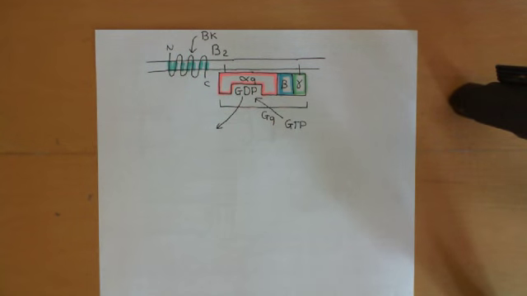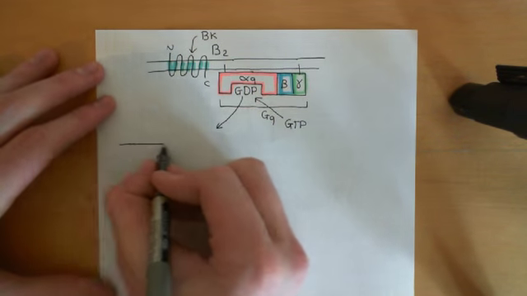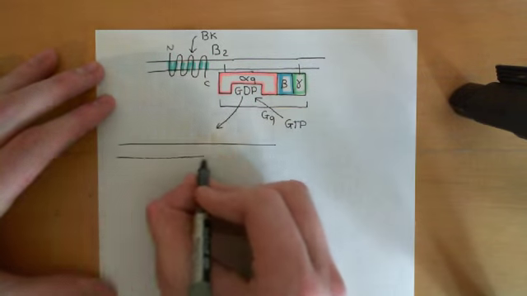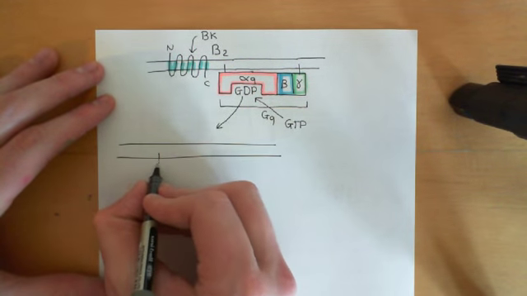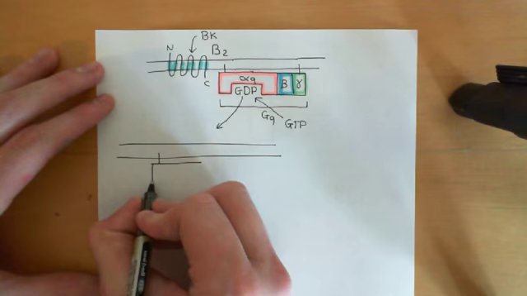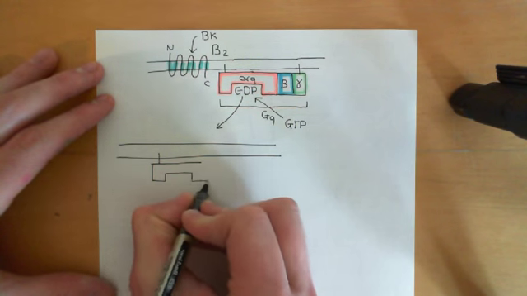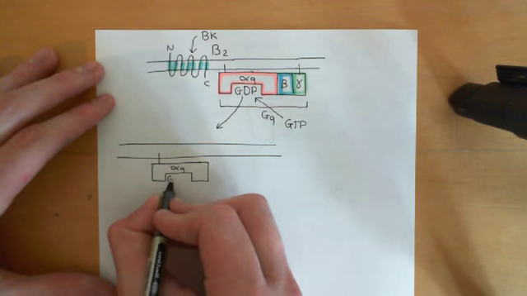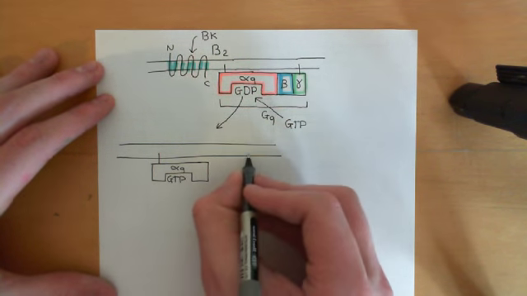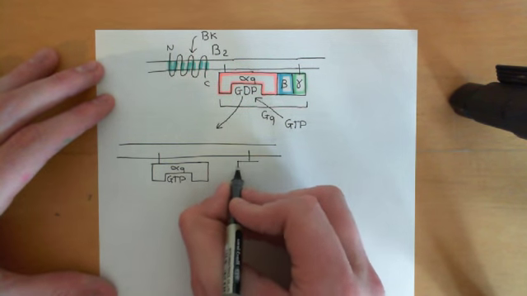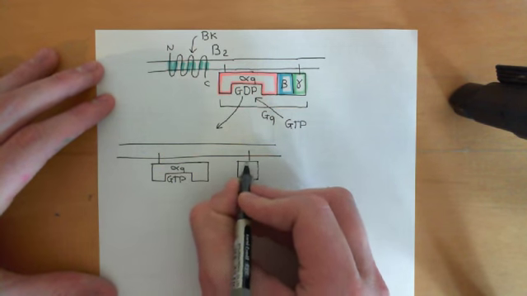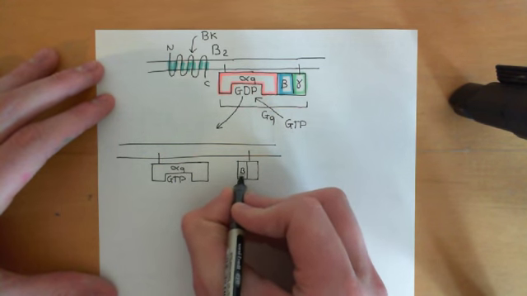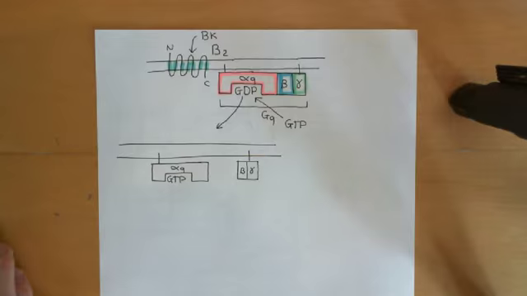That will then cause the change in conformation in the alpha Q subunit that causes it to go from being in the off state to being in the on state, and then when it's in the on state it's going to cleave away from the beta gamma complexes. So now you'll have your alpha Q subunit with GTP bound in the on state, no longer with the beta gamma complex. Here is the beta gamma complex on its own.